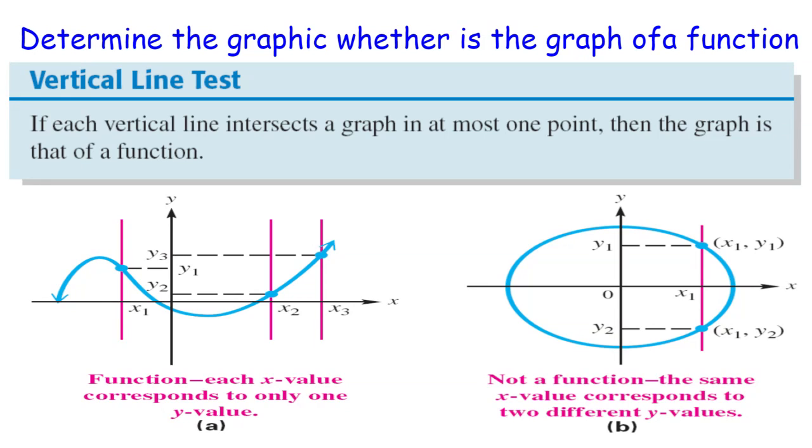So the graph in figure A is intersected by each vertical line at most one point. For this reason, this graph represents a function. In the graph in figure B, as you see, a vertical line intersects the graph at more than one point. For this reason, this graph is not the graph of a function.